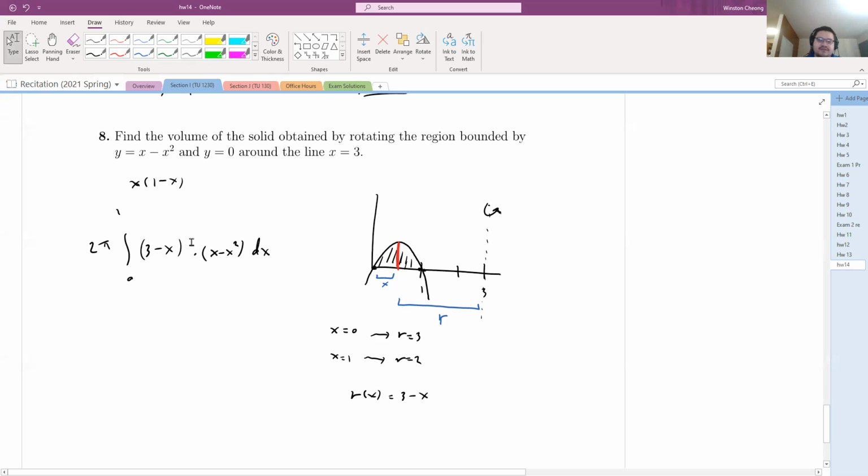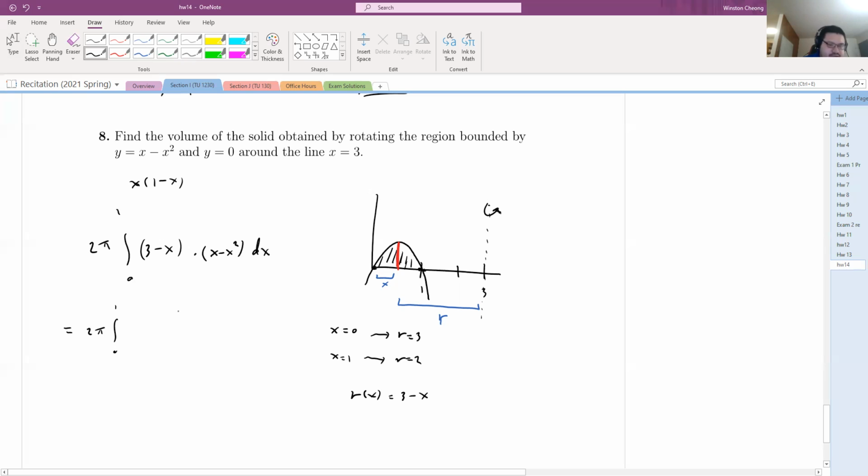So this integral that we've set up will calculate for us the volume of the solid of revolution. Then we just go ahead and compute it. What's bothersome here is we have to expand this out completely. There's not really an integral trick to do that. We can't really do a u-substitution.